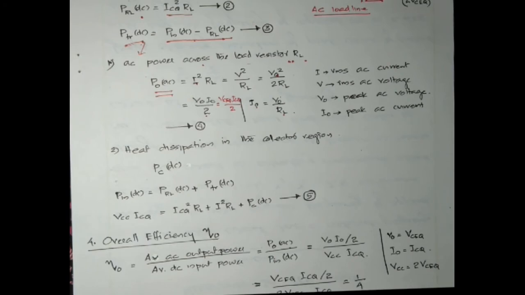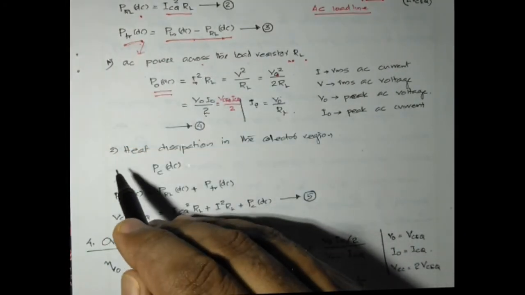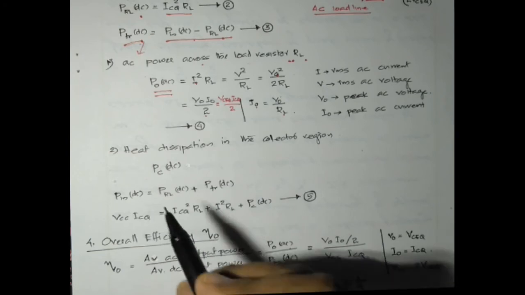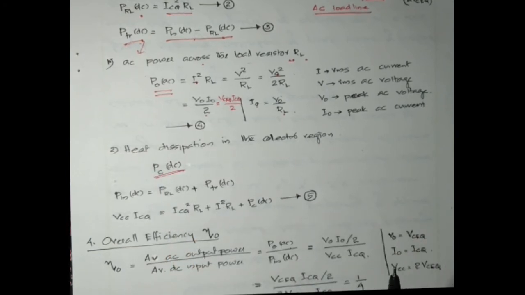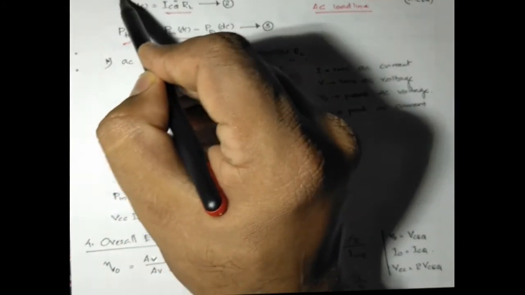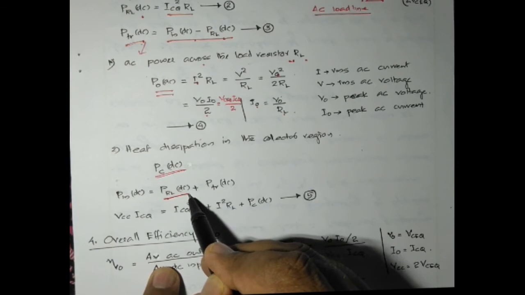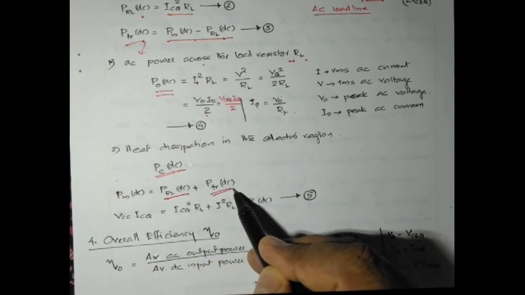Now, another portion of this transistor power is utilized in generating heat in the collector region. This is dissipated as heat, or this is the lost power, and we represent that by PC DC. So the input DC could be written as the power across the load resistor and the power expended in the transistor.